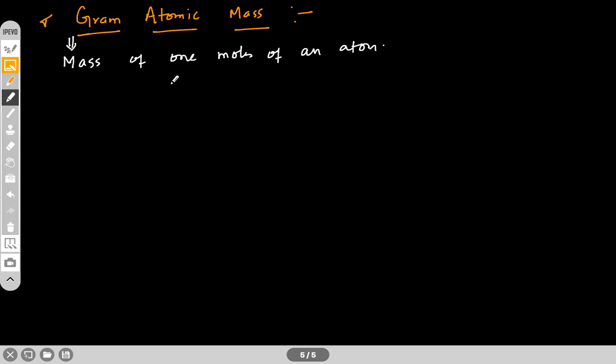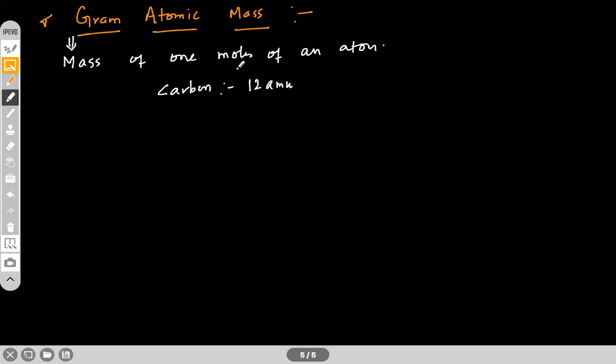So we know the mass of one atom. Suppose I am taking carbon, for example. What is the atomic mass of carbon? It is 12, right? The atomic mass of carbon is 12 AMU. Don't write 12 gram, write 12 AMU.